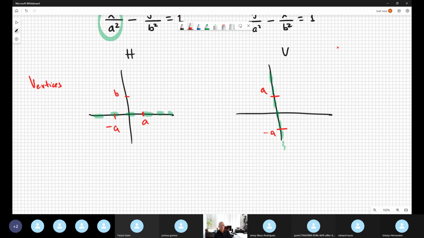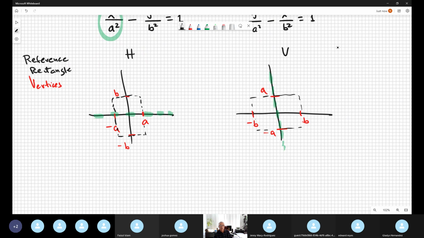B and minus B. Entonces, in this case, this is B, and this is minus B. And we now form a rectangle. And this rectangle is called in the reference book the reference rectangle. Okay, no problem.